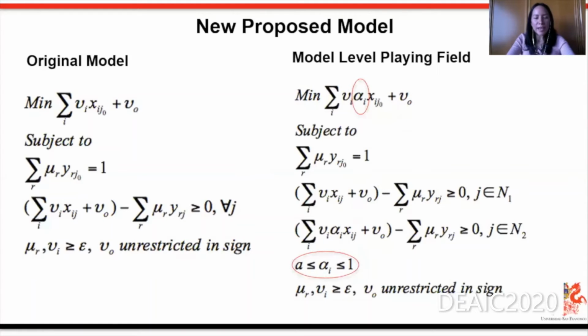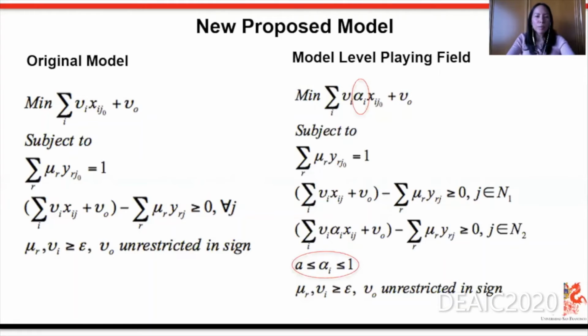We propose the idea that to facilitate a more fair evaluation, there is a need to compensate disadvantaged DMUs. To formalize the compensation concept, let's assume that the DMUs can be divided into two identifiable groups, namely an advantaged group N1 and a disadvantaged group N2. For a disadvantaged DMU, we argue that only a fraction of that DMU's input will be needed to generate its output if it did not find itself in a disadvantage.